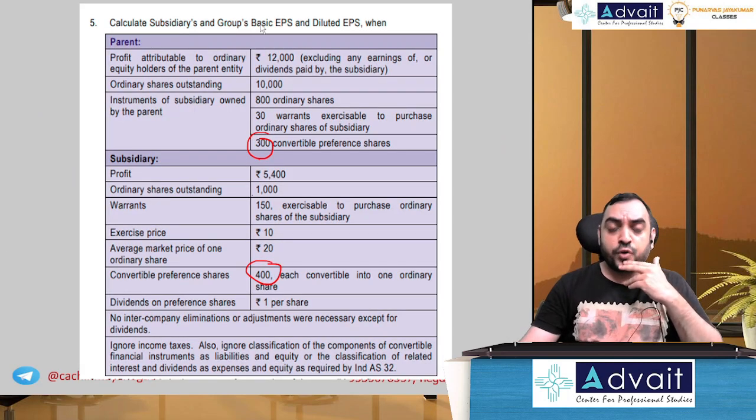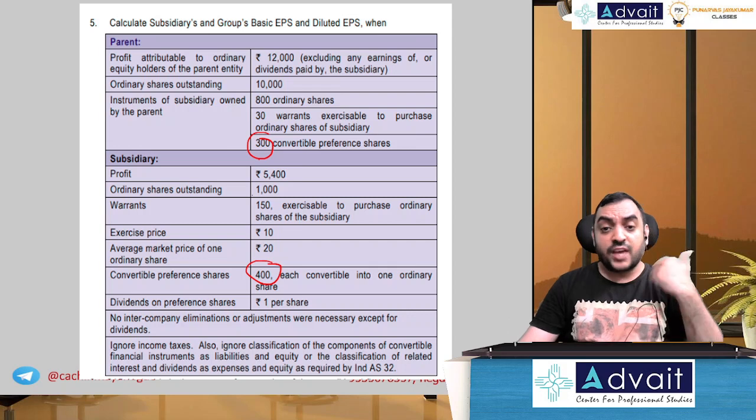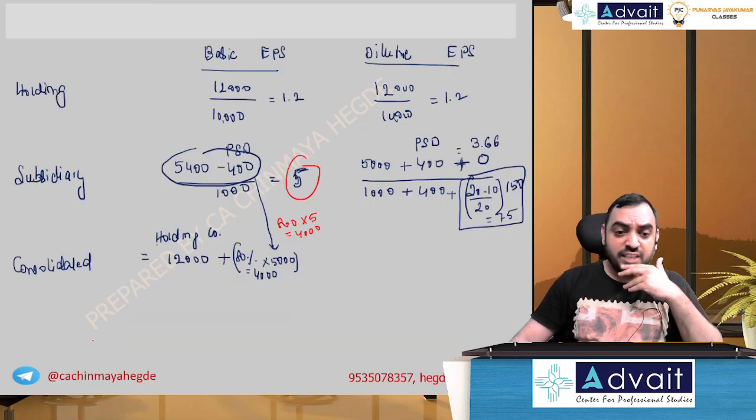So preference share wise, you are having 75%. So 75% of the preference share dividend 400, 300 I can take.